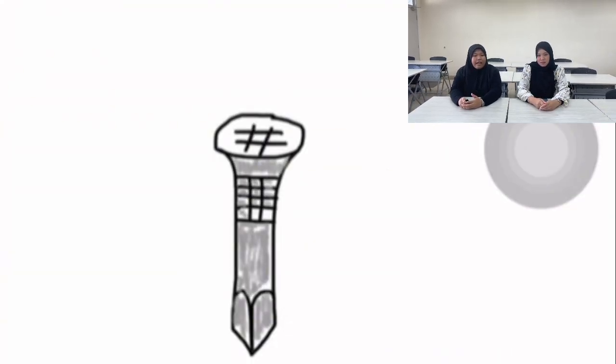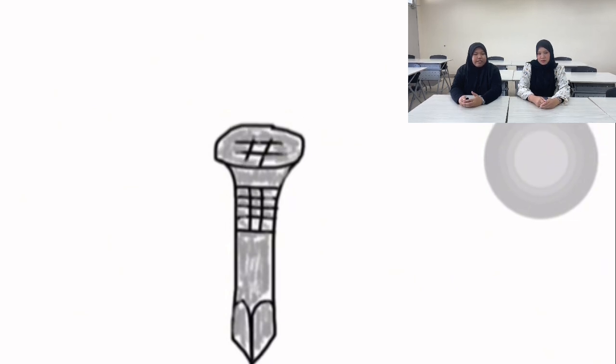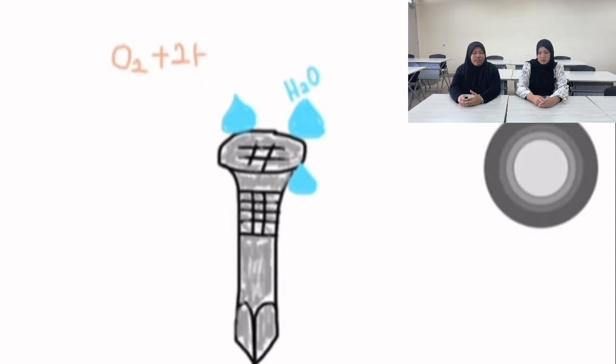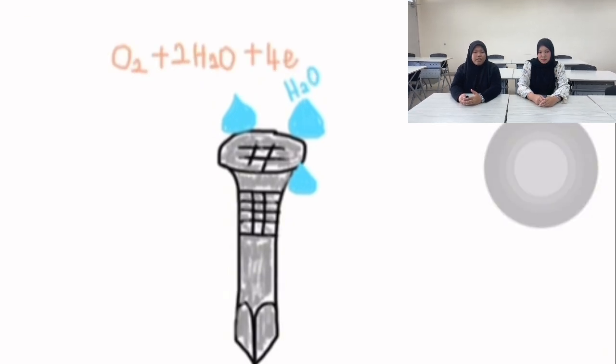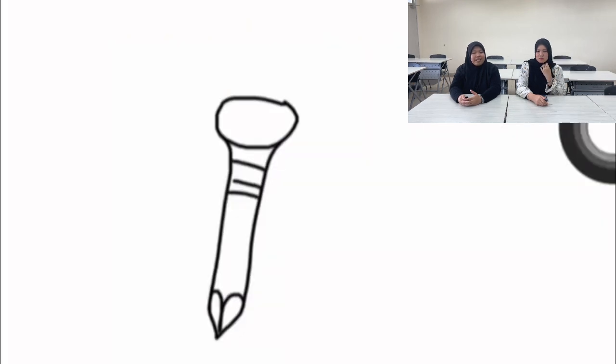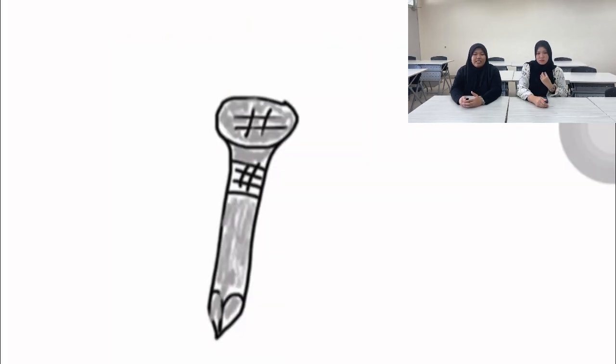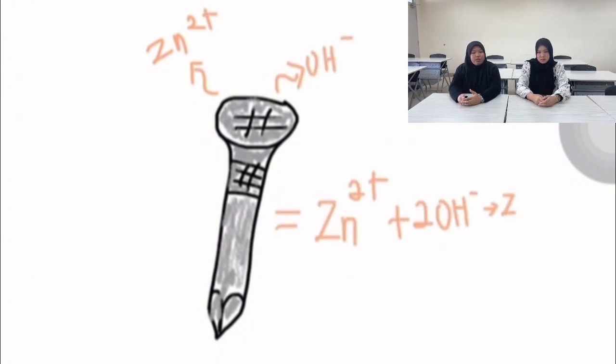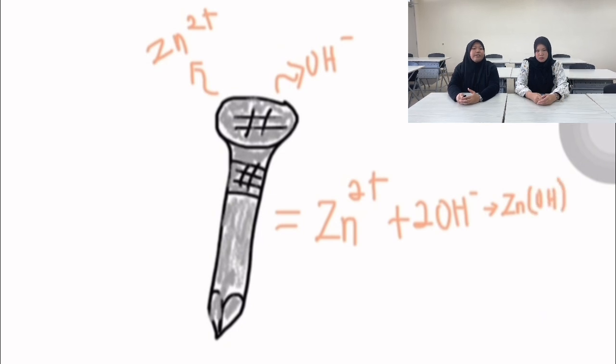The zinc metal acts as the anode and releases electrons. The zinc metal is oxidized to form zinc ion. The electrons released from the zinc metal move to the water droplet edges because they act as the cathode. Then, the electrons are received by oxygen and water, which are reduced to form hydroxide ion.